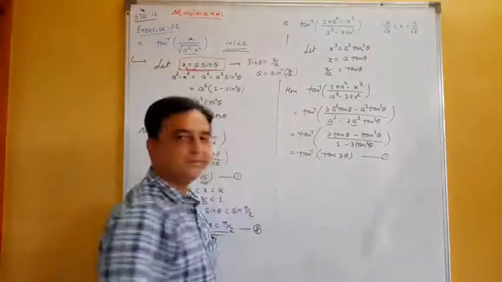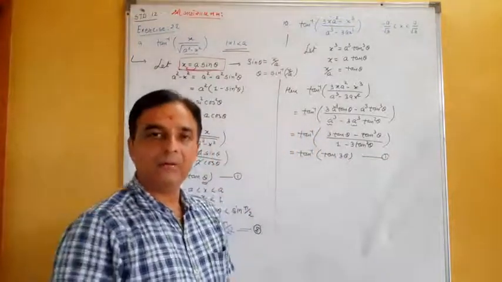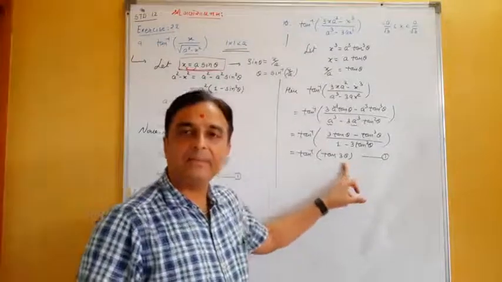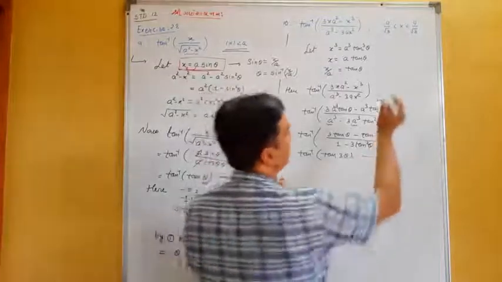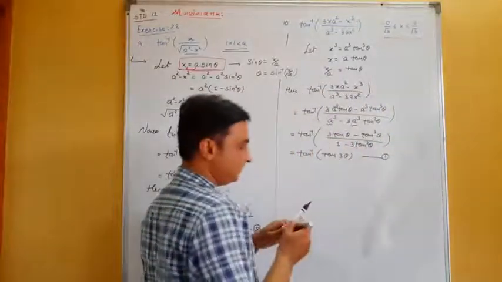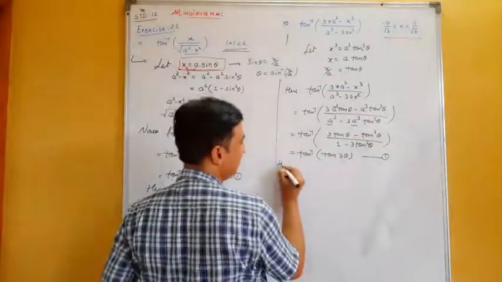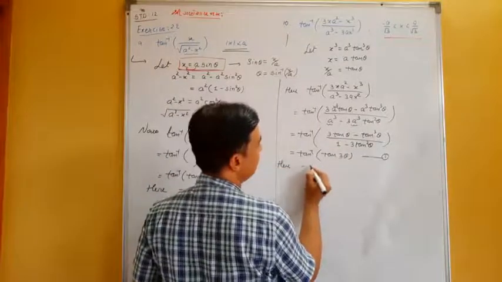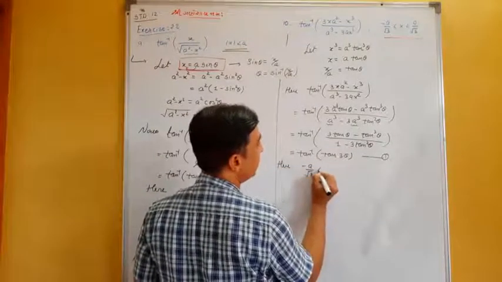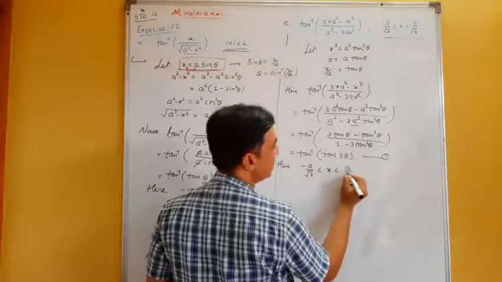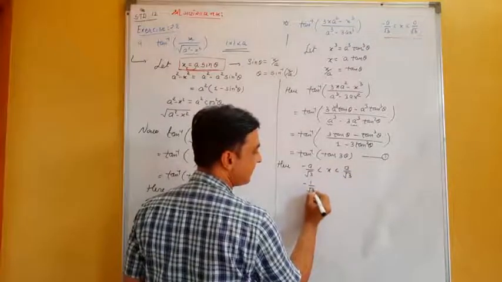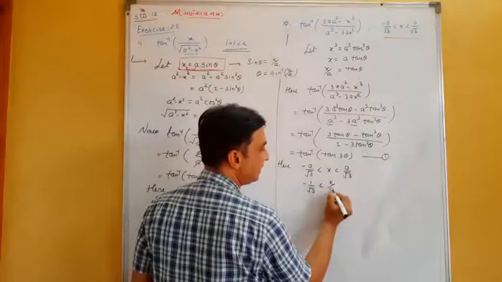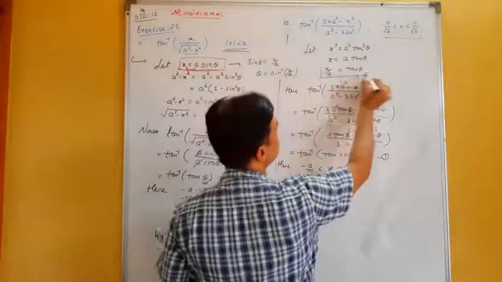Say it is 1. Now we have to check 3 theta lying between minus pi by 2 to plus pi by 2. For that, we have the condition given here: minus a by root 3 less than x less than a by root 3. Divide by a, because x by a is tan theta.